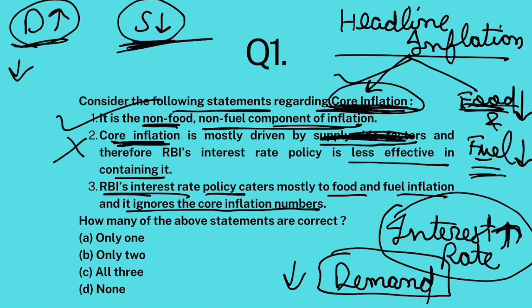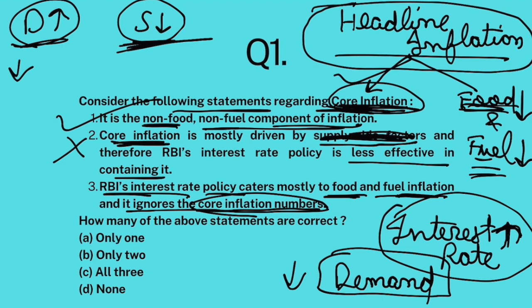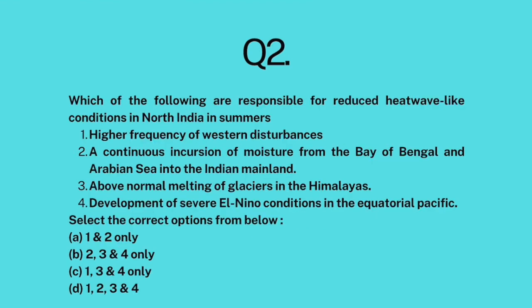RBI's interest rate policy caters mostly to food and fuel inflation, not at all. RBI's interest rate policy never ignores core inflation. It focuses on entire inflation, core, food, fuel, everything. So this is also false. Only 1, the answer is A. RBI focuses on headline inflation. It includes food, fuel, and core inflation. Clear?